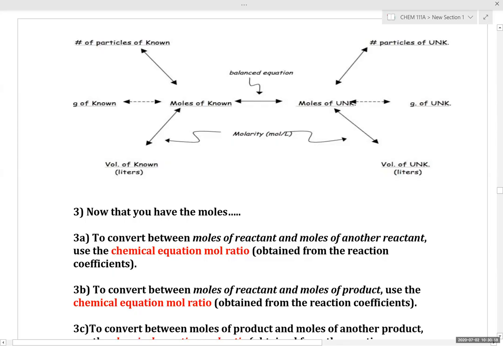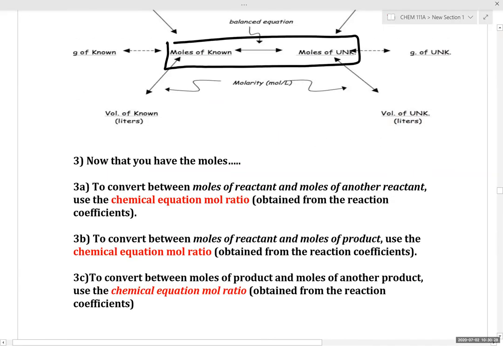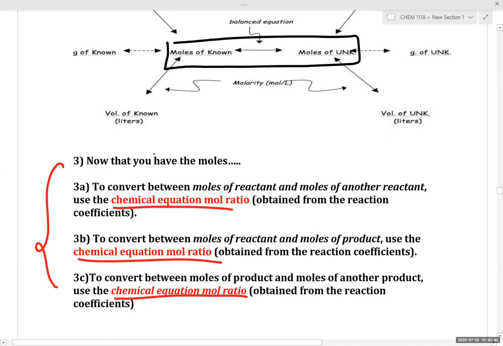Looking at this interface here between moles of known and moles of unknown, in all cases, if you want to convert between moles of one species in a chemical reaction and another species in a chemical reaction, you have to use your chemical equation mole ratio, which is only obtainable from a balanced chemical equation. So, I can't stress this enough. Balance your equations.